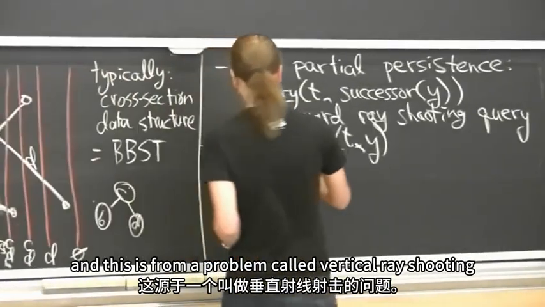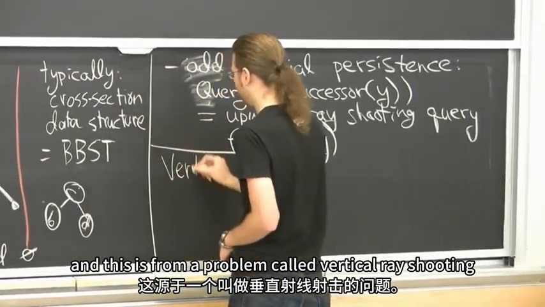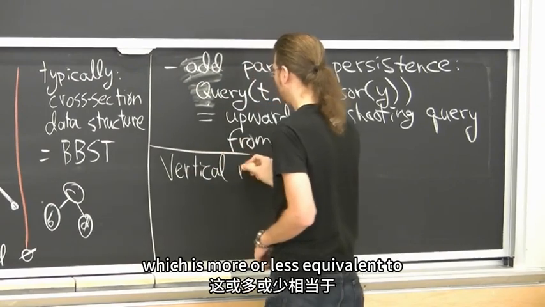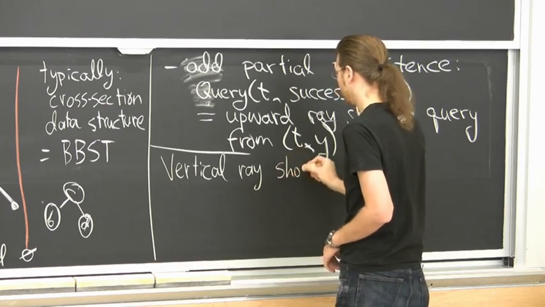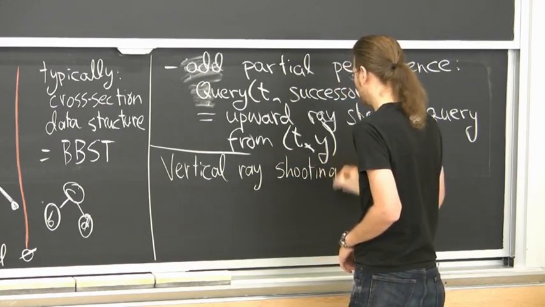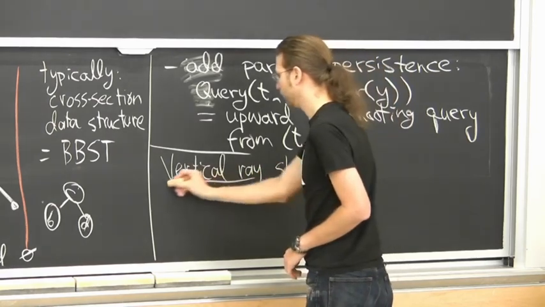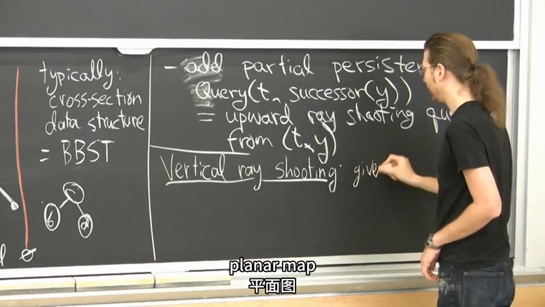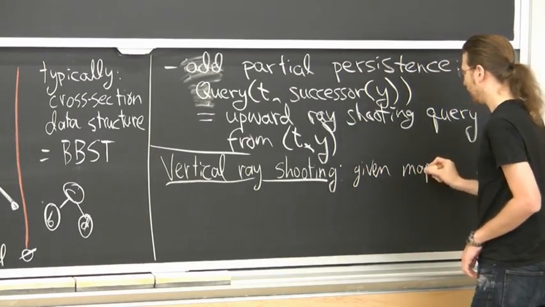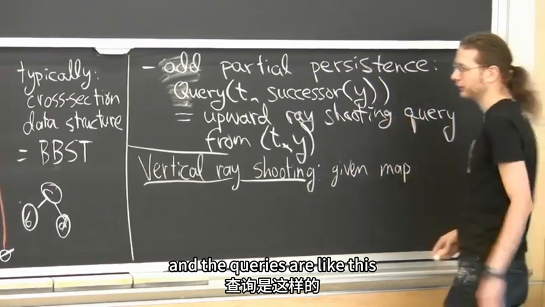And this is from a problem called vertical ray shooting, which is more or less equivalent to planar point location. So vertical ray shooting, again, you're given a map, planar map, and the queries are like this.